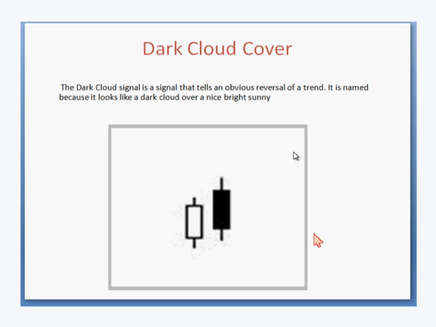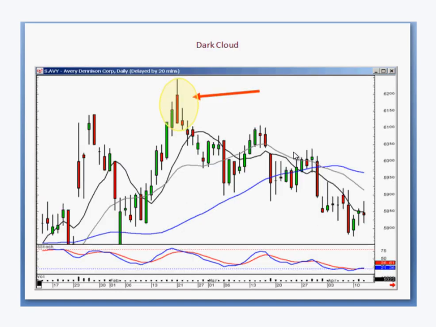Dark cloud is the same as a piercing signal except at the top of the trend with the same criteria. It gaps above any of the previous day's trading and closes more than halfway down the candle. So this also comes into the element of where do most people buy? They buy exuberantly at the top. So if you see a gap up in the overbought condition, you get ready to start taking profits. We show how very effective candlesticks are for showing you where to start taking profits with a high degree of probability.